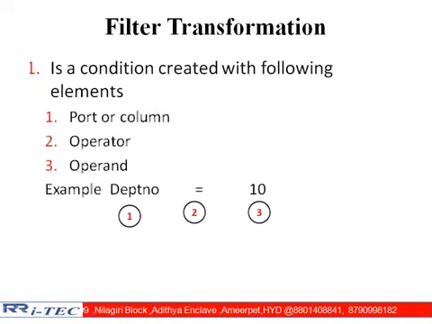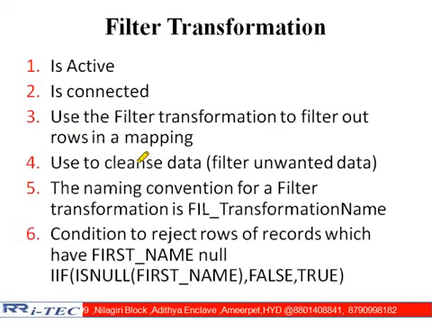The filter transformation always consists of a condition. The condition looks like this: we have a port, then any operator, then any value. A condition is created with the following elements: a port, also known as a column, then an operator, then an operand. Filter is an active transformation.